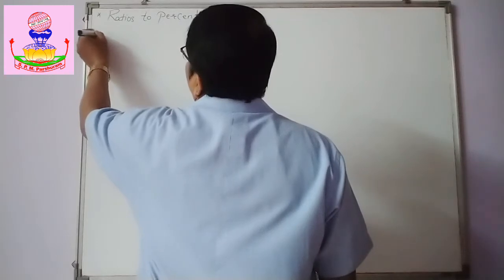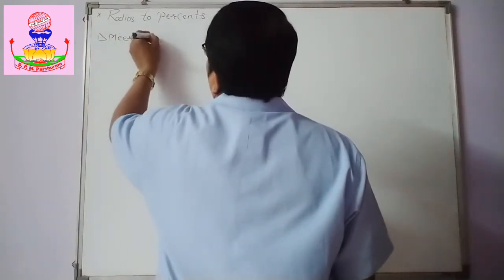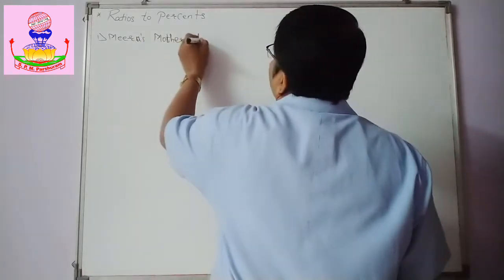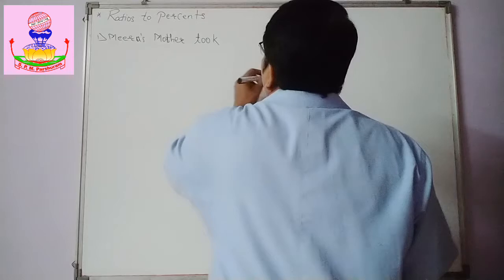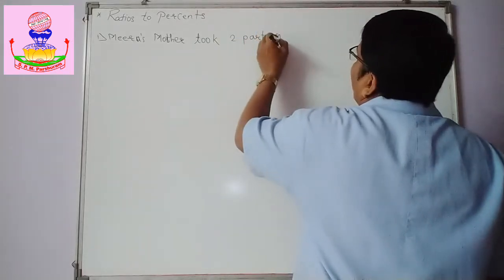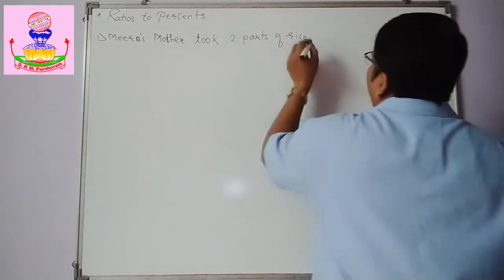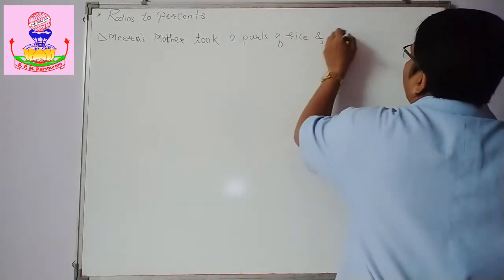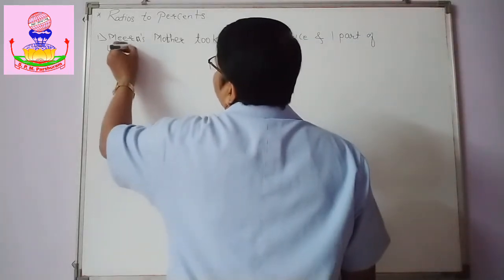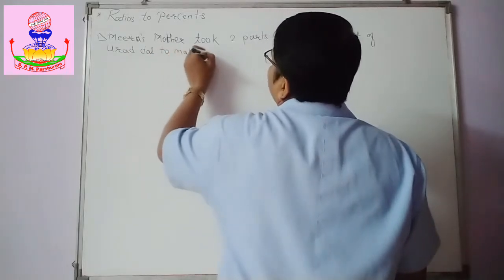So I will write the question here. Mira's mother took 2 parts of rice and 1 part of urad dal to make idlis.